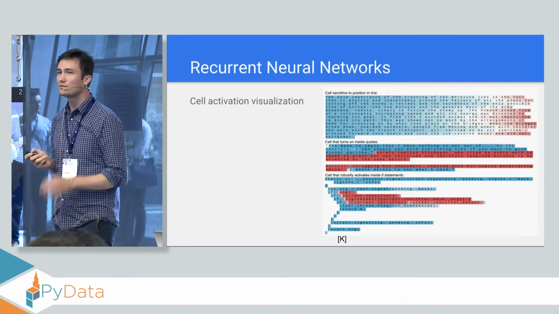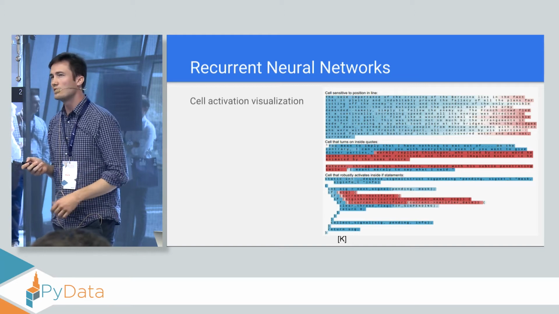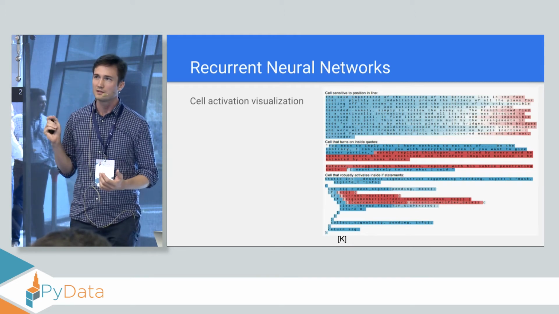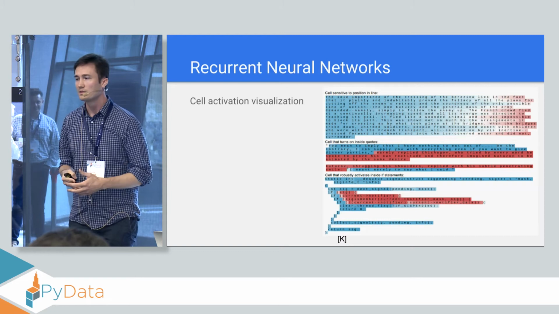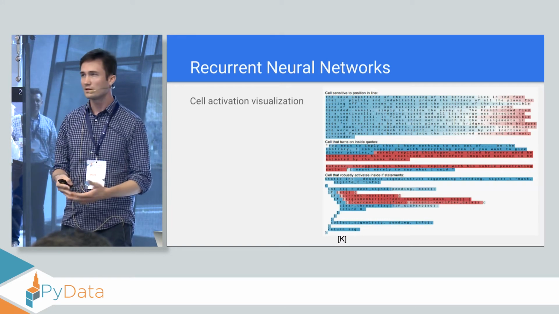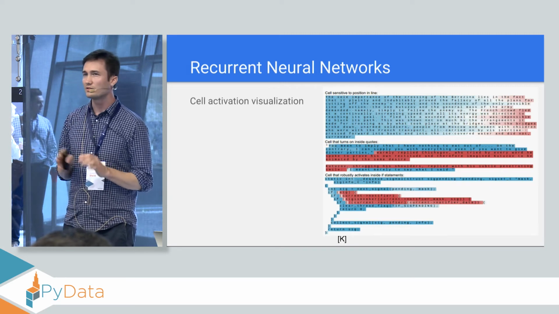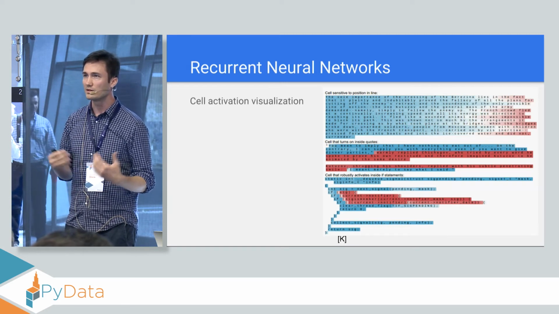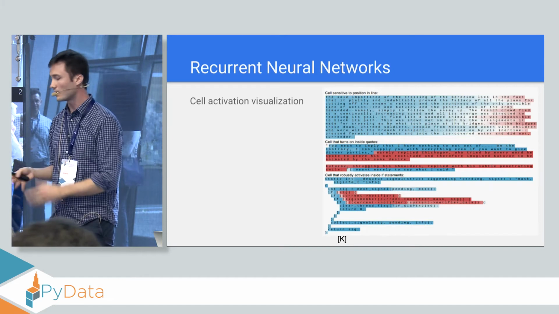There are cells that turn on only inside quotes. So it's clear here that there's some context that's being learned, and even though it's understood if you're generating text with an RNN, there are also features that are going to be learned and incorporated into producing accurate text.